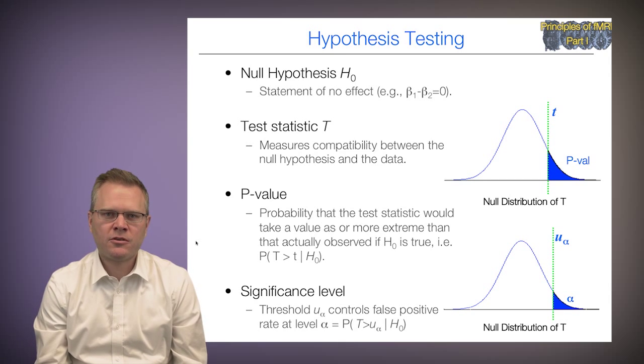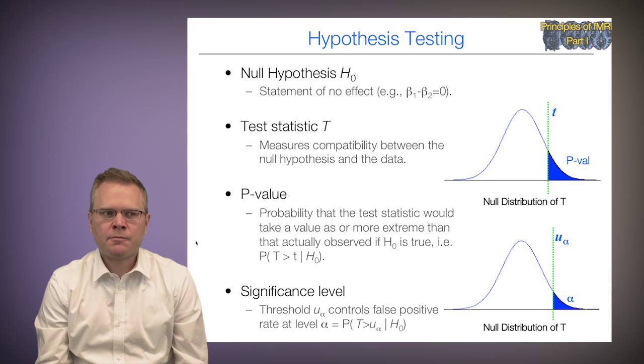So we choose a threshold U of alpha, which controls the false positive rate at some level alpha. So we basically want to find some threshold U of alpha such that the probability that the test statistic lies above that value is equal to some value alpha, where say 0.05 is often used. So we want to control the probability of making a false positive at say 5% in that case.